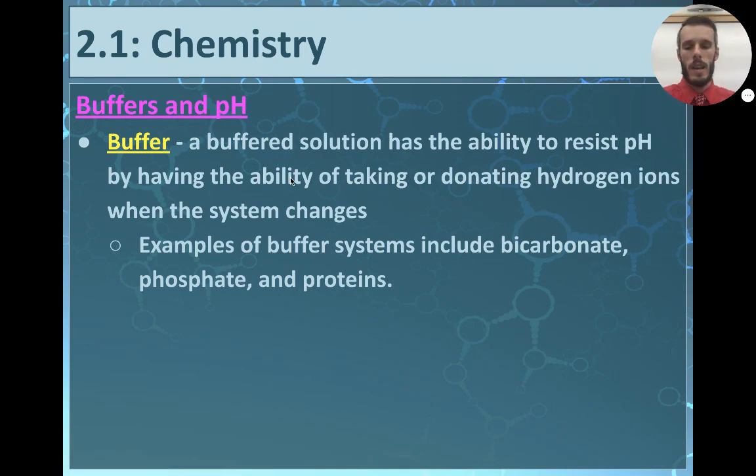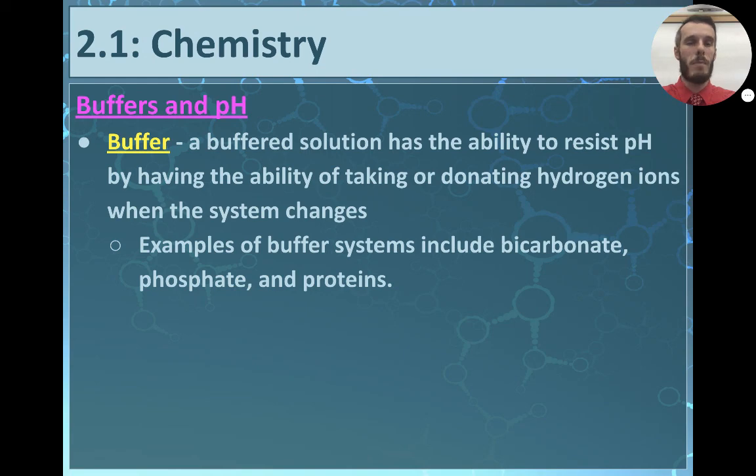And then finally, a very important component of things like your blood and your cellular fluid is that they are buffered. So that means that they have chemicals that will be able to not only take up hydrogen ions that are introduced to the solution, but they can also donate hydrogen ions to the solution. So a buffered solution can resist changes in pH.